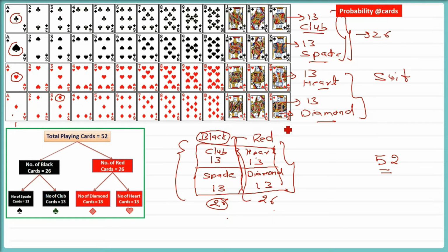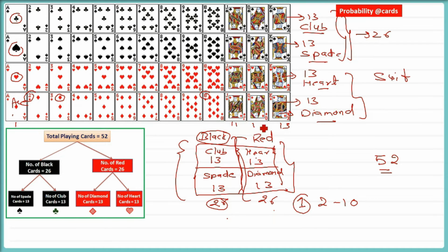Now if you see a particular line of cards, the 13 cards, they are from 1 to 13. But the number cards are only from 2 to 10. Normally we assume it should be written as 1 to 13, but the first card is not called 1, it is called an ace. 2 to 10 are numbered cards.